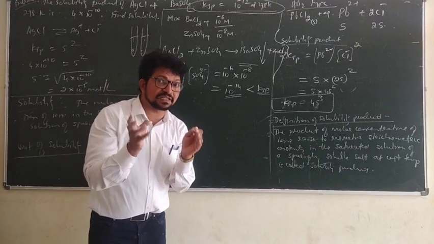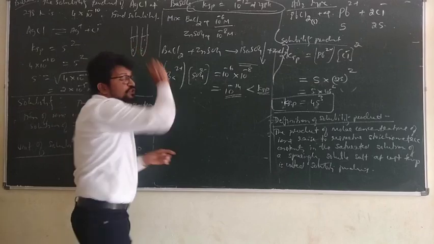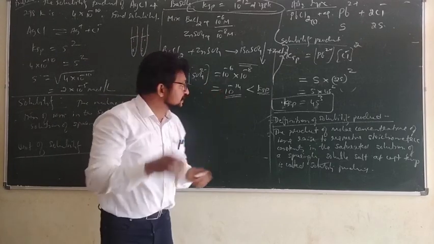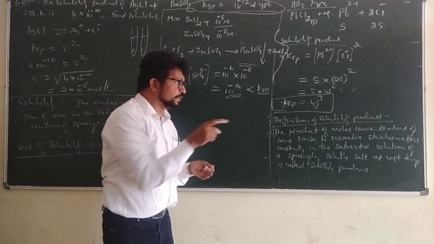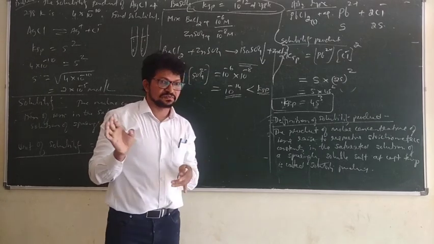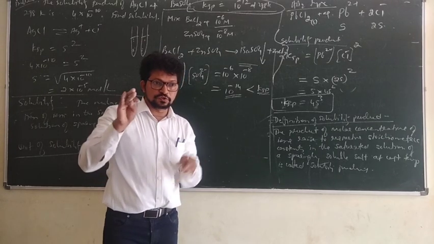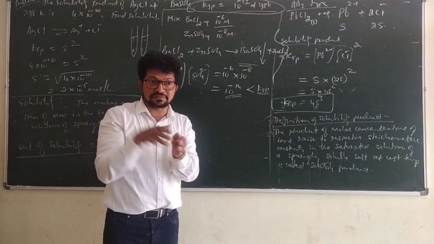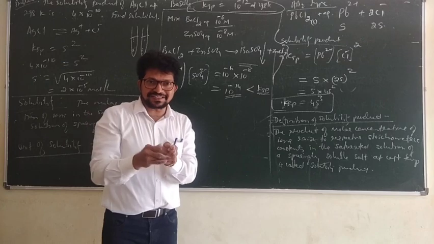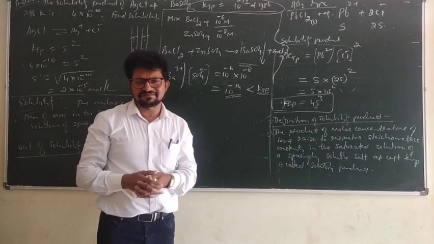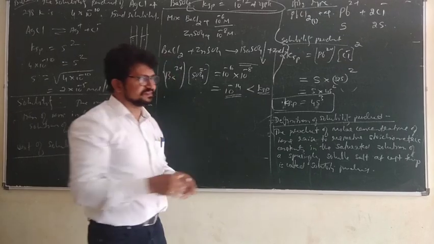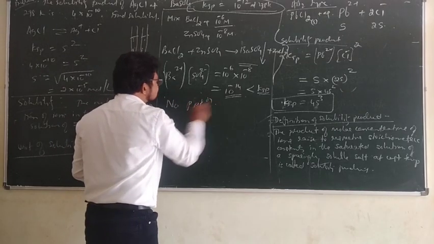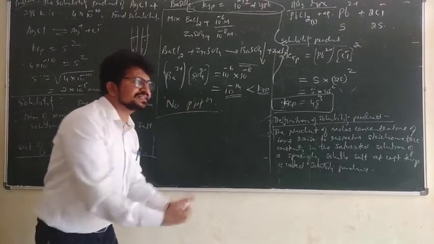Physically available ions in the test tubes, the ionic product, is less than solubility product. The saturated solution can hold more ions, so it will be soluble. No precipitation, because ions are less.